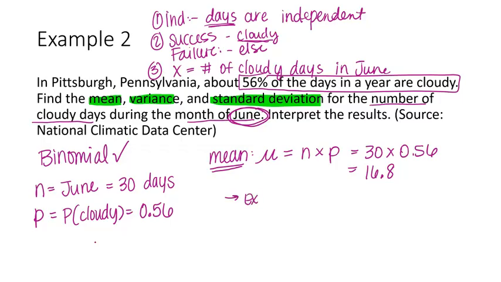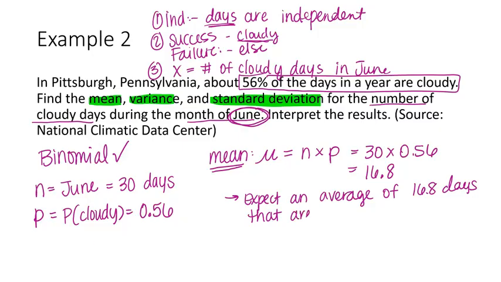That means we expect an average of 16.8 days that are cloudy in June. So the mean of these distributions is giving you what we would expect on average for the month.